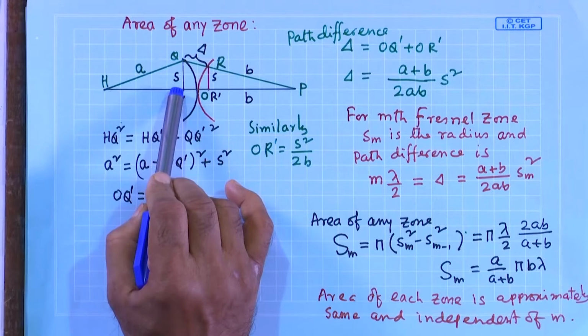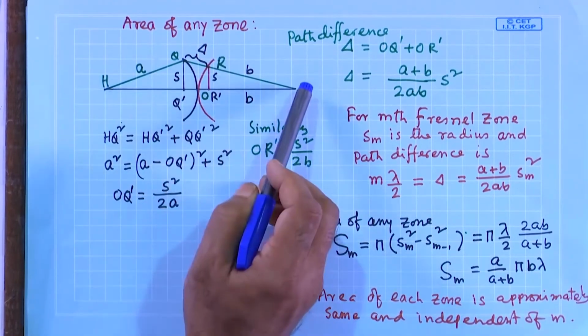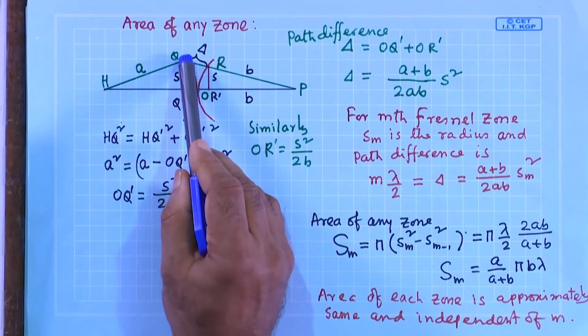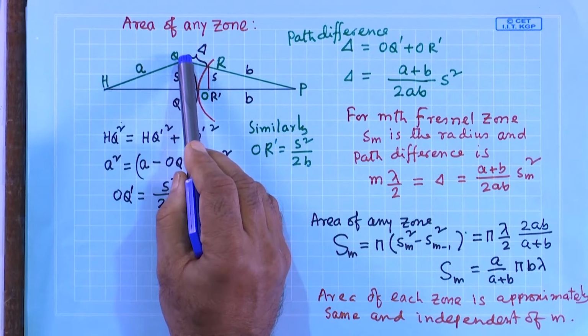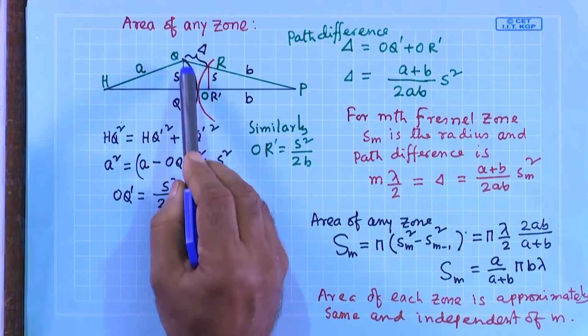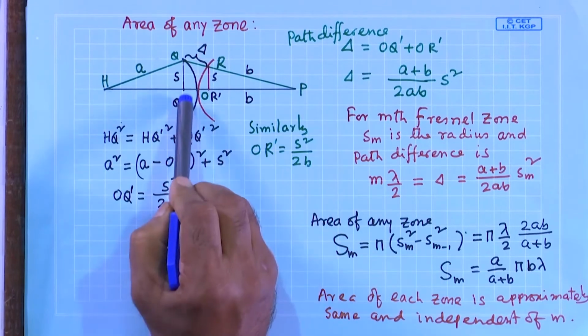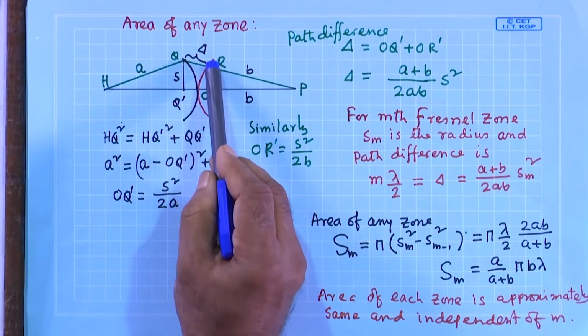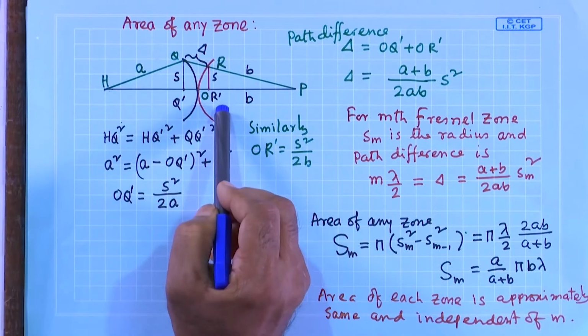That is why we have considered S. Now, to find the path difference, draw a normal from Q on this HP. That is Q dash, and from this point it is R, and this is R dash.